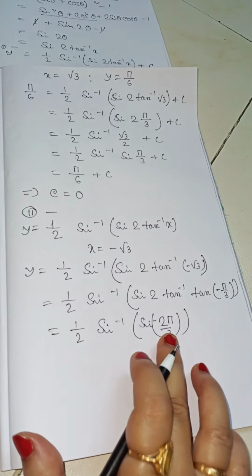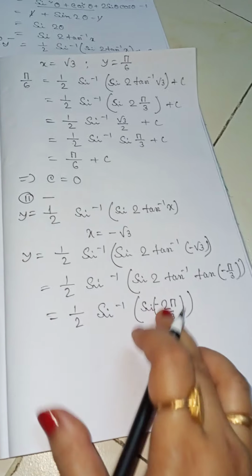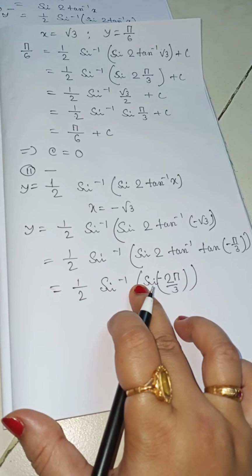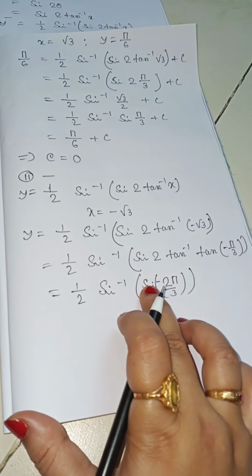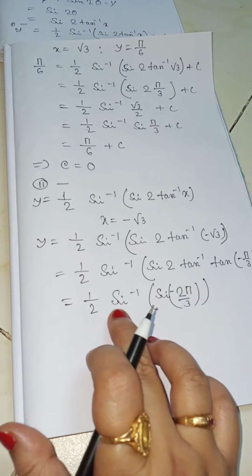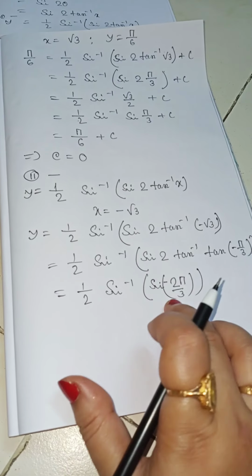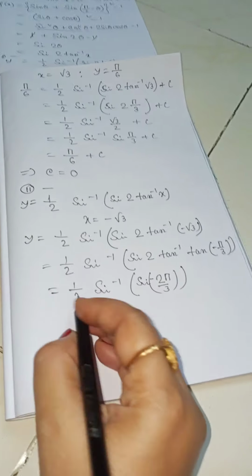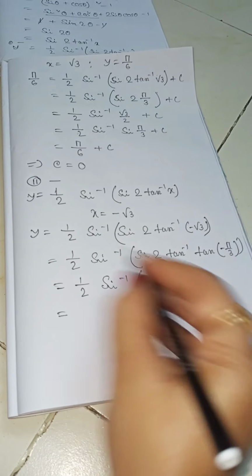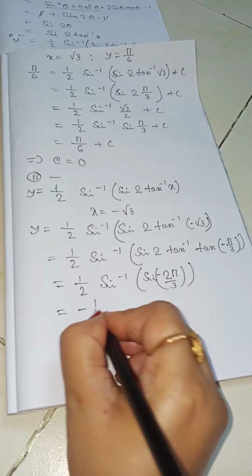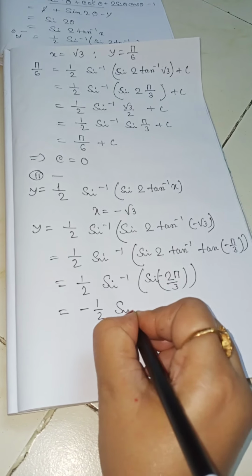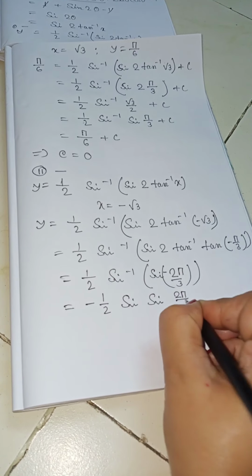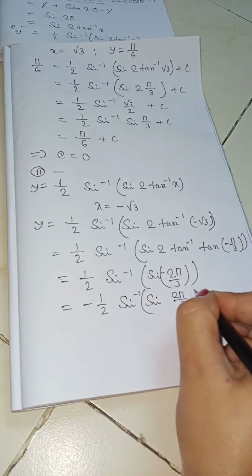We know sin(−θ) = −sin θ, so it becomes −sin(2π/3), and we also know sin⁻¹(−θ) = −sin⁻¹θ, so this minus is placed outside: −(1/2) sin⁻¹ sin(2π/3).